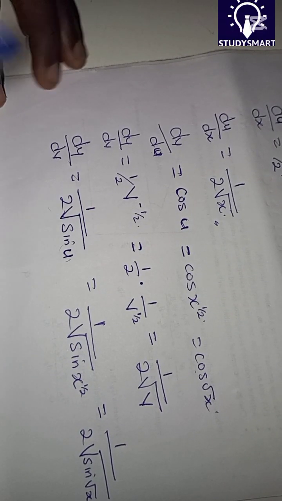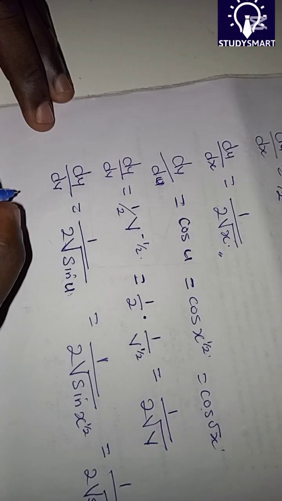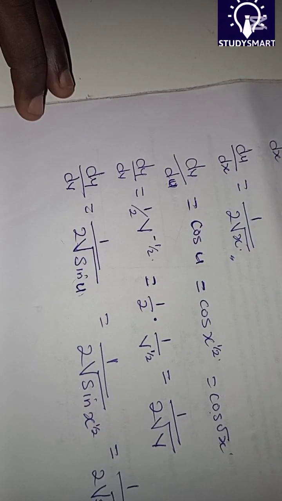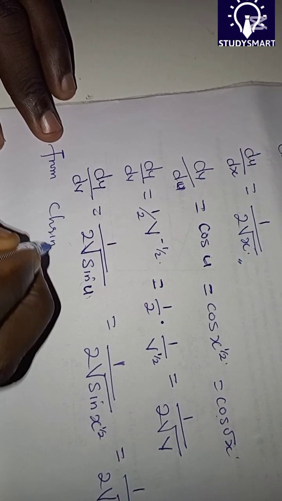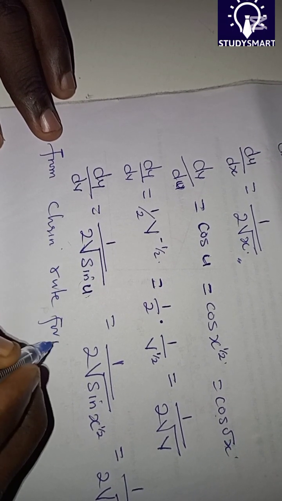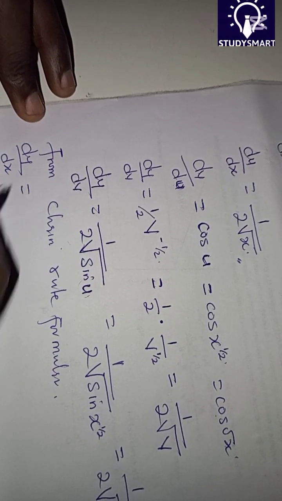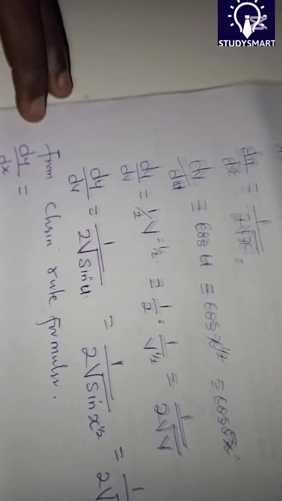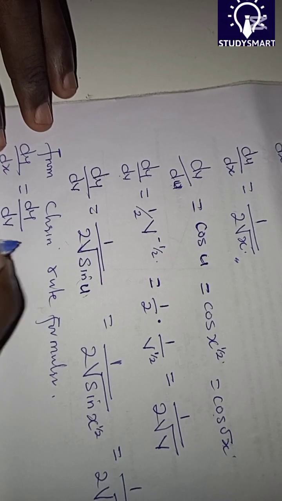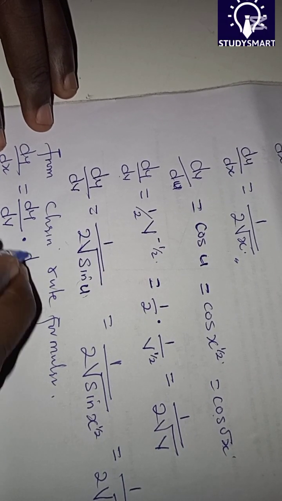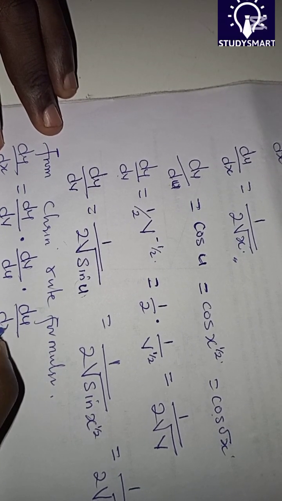Alright, so we've succeeded in finding the differentials of u, y, and then v. Then we'll be applying the chain rule. This is what we just applied, the chain rule. So from the chain rule formula, we'll have that dy/dx will be equal to dy/dv times dv/du, then times du/dx.